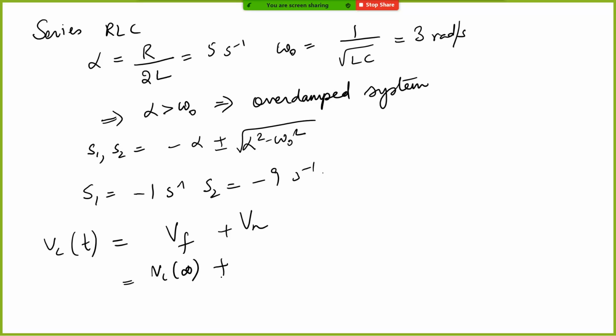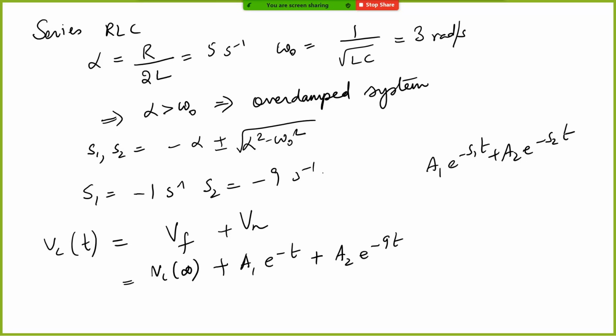The natural response is a1 e to the power of minus t plus a2 e to the power of minus 9t. For an overdamped system, the solution is a1 e power minus s1t plus a2 e power minus s2t.